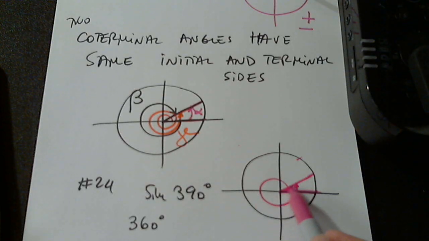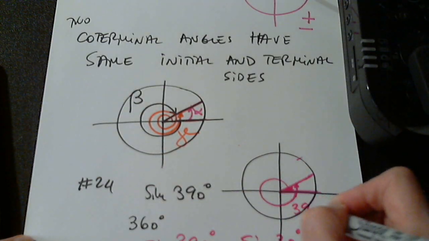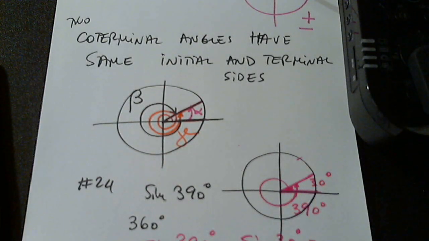So here is the reference angle. Can anyone tell us how much is sine of 390? You have to say it's exactly the same as sine 30. So this is the 390 degrees, and this is 30.